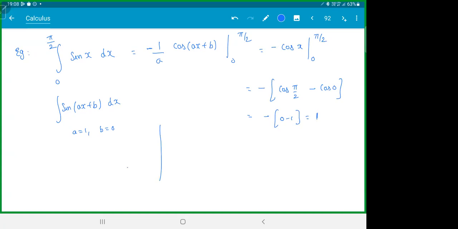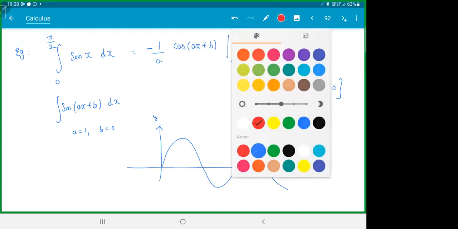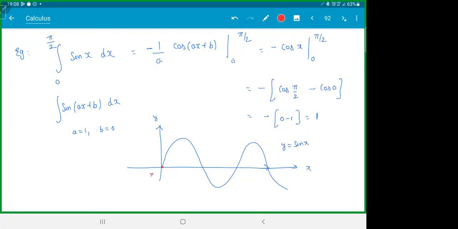What is the meaning of this? If you actually plot the sine graph, it looks like this. Y is equal to sin x. Everyone knows the sin x graph, right? So this is x is equal to 0, this is pi by 2, and sine 180 is again 0. So you're asking for this area.